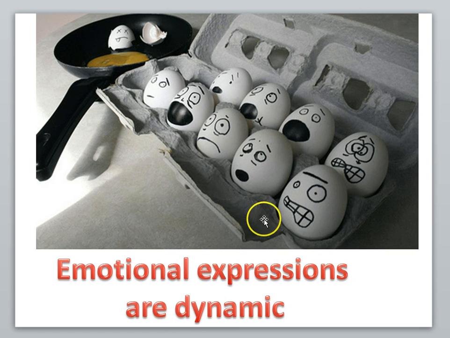Here we see some unfortunate individuals contemplating their near future, and here we just wanted to emphasize that emotional expressions are a dynamic feature of a face. Each of these individuals would have invariant aspects of their face related to their identity, who they are as persons, but they can each generate dynamic emotional expressions. And so these are changeable aspects of a face that convey certain signals about their internal states.